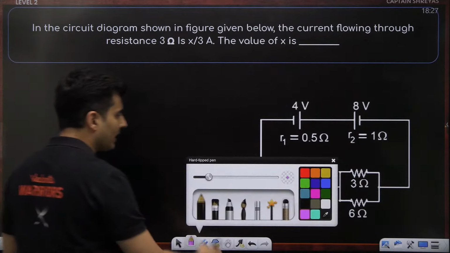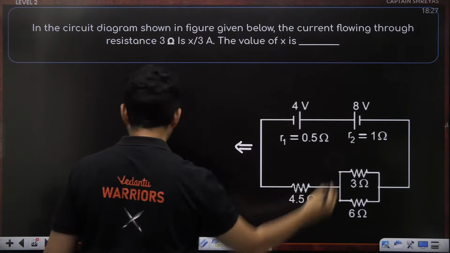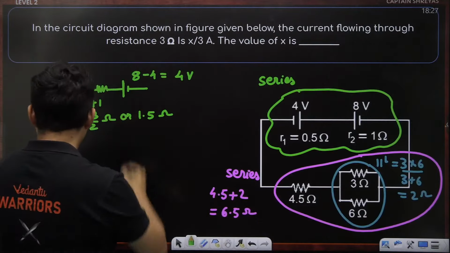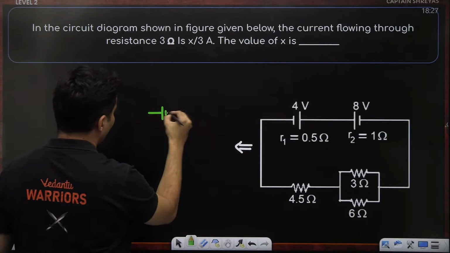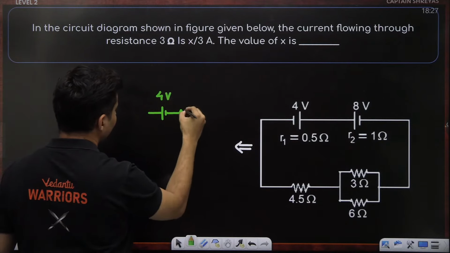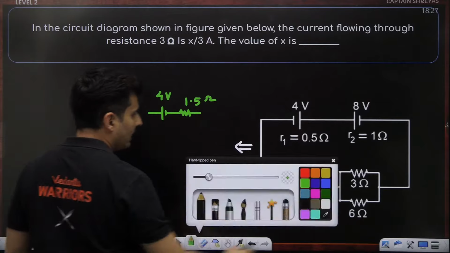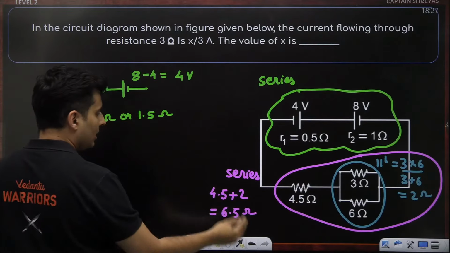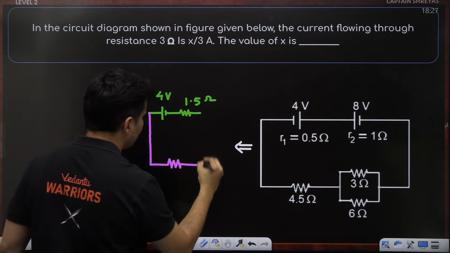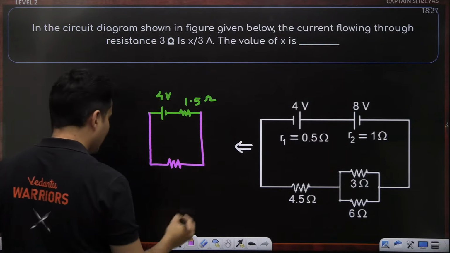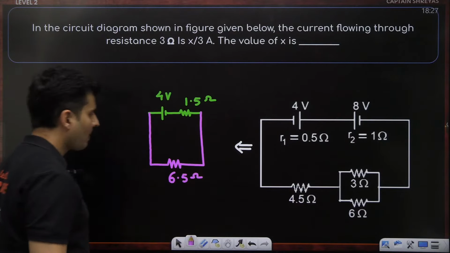So this whole circuit now boils down to a simple circuit: a battery of 4 volts and internal resistance 1.5 ohms, connected to an equivalent resistance below of 6.5 ohms.